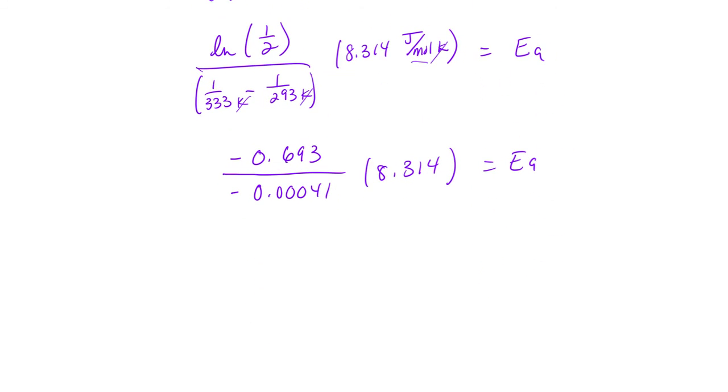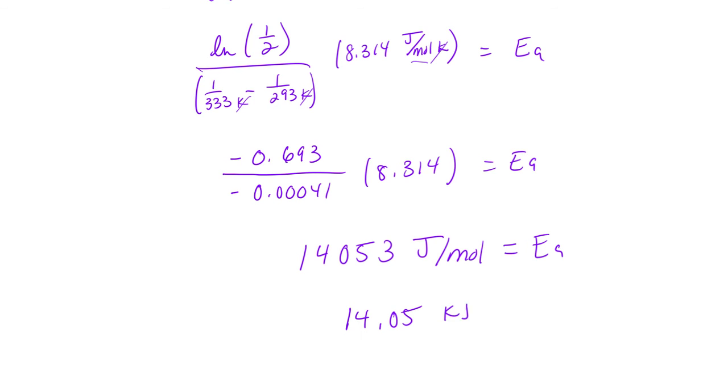And I just left the units off in this one. And multiplying this out, we're left with 14053 joules per mole is equal to the activation energy, or 14.05 kilojoules per mole.